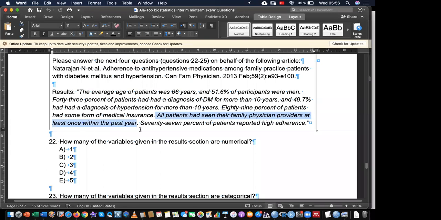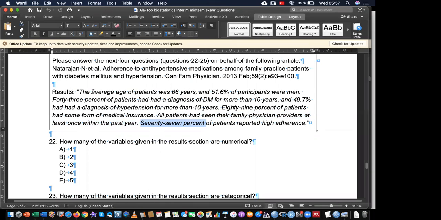Categorical. 77% of patients reported high adherence. Adherence is presented as percent, also categorical. So the only numerical variable measured here is what?